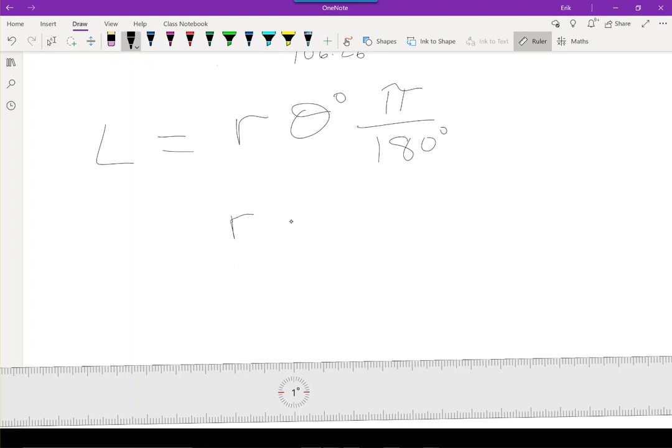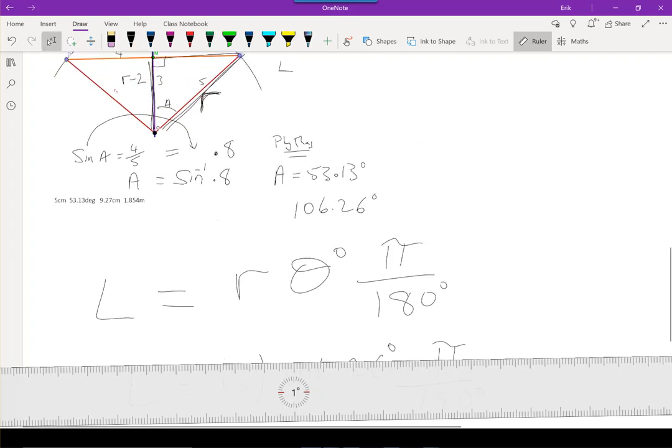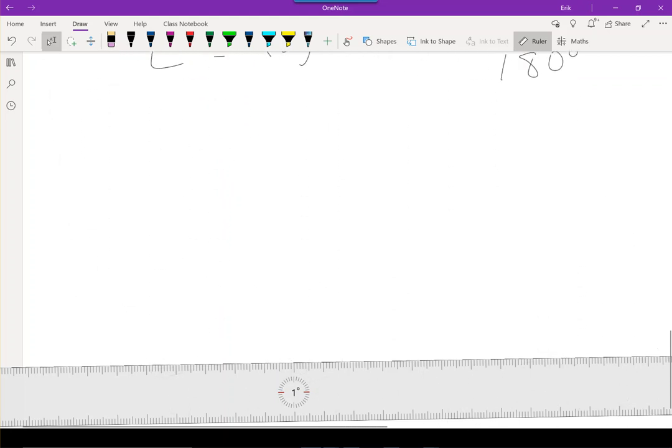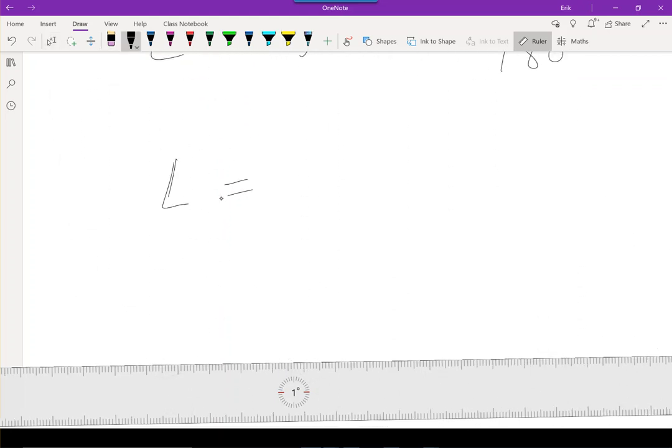So I have r times 106.26 degrees times pi over 180 degrees is L, and r is 5. So you just plug it into your calculator, and it turns out to be 9.27 centimeters.